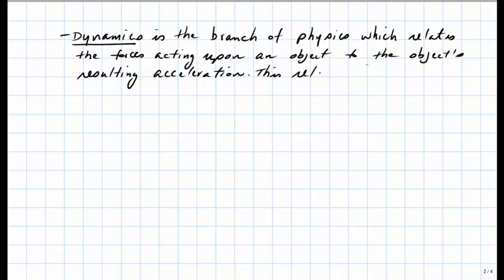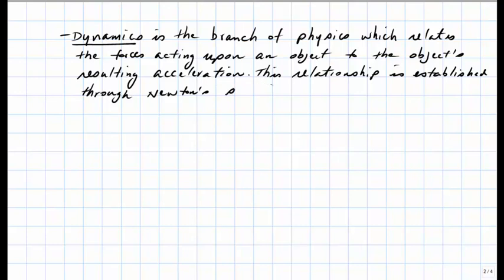This relationship is established through Newton's second law. Let's take a look at an application of dynamics.